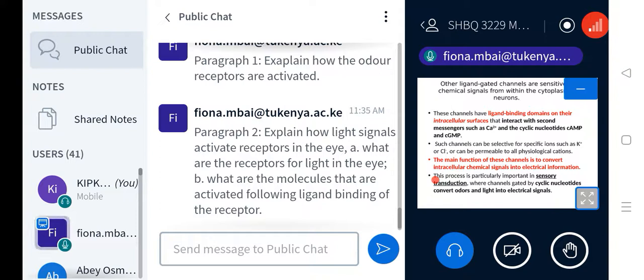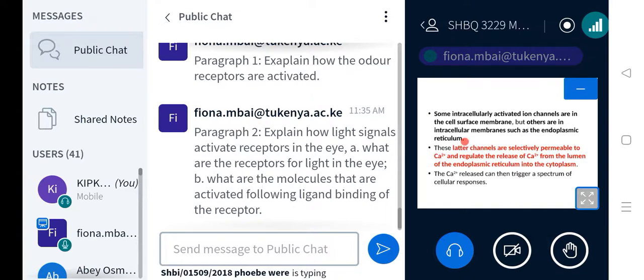So this, as I said, this process of the channels is to convert intracellular signal chemicals into electrical information. So some intracellularly activated ion channels are in the surface of the membrane. They are not on the intracellular side. But there are others, like the calcium I showed you, which are on intracellular membranes, such as the endoplasmic reticulum.